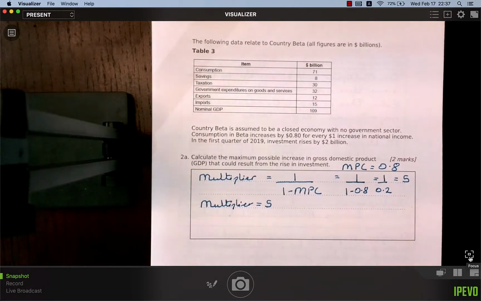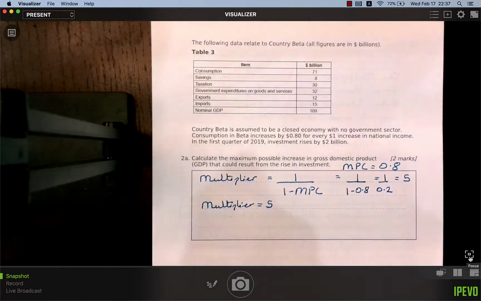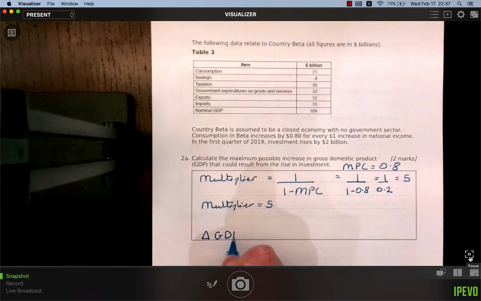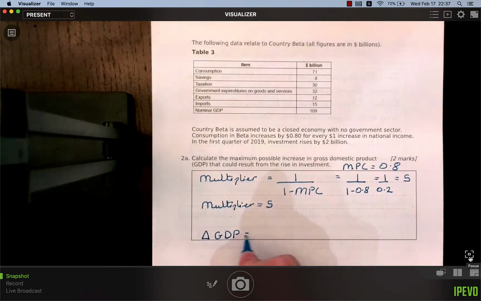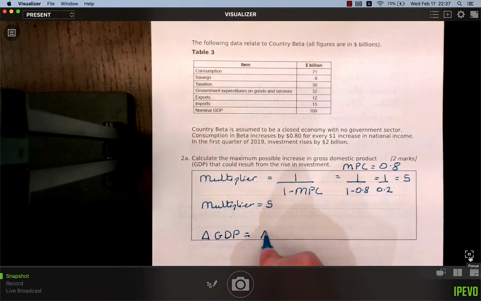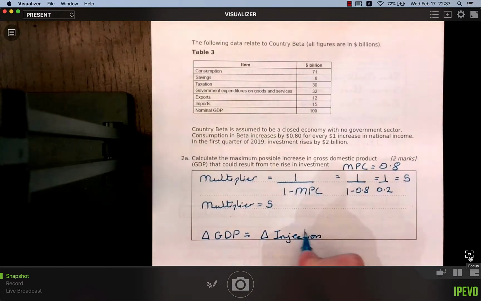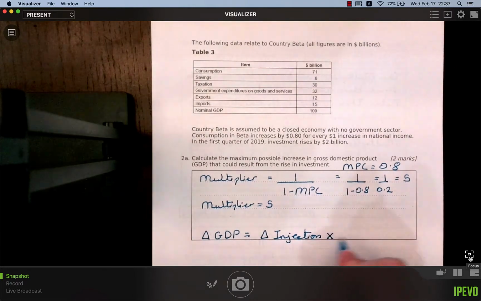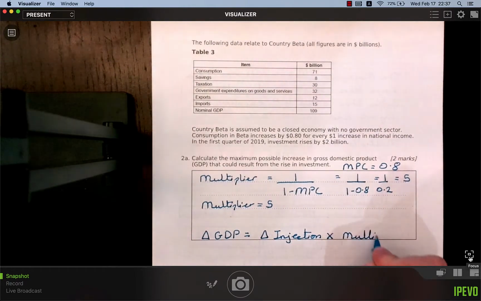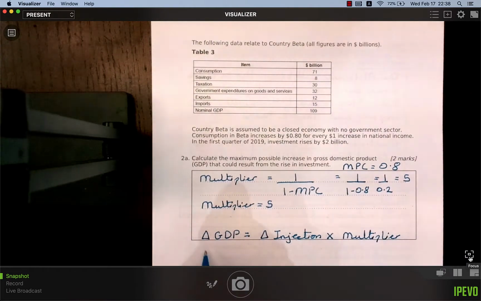Okay, so now what do we know? Well, we know the change in GDP equals the change in injection times the multiplier. So the change in GDP equals the change in investment.